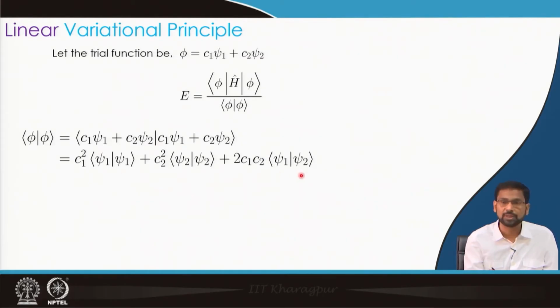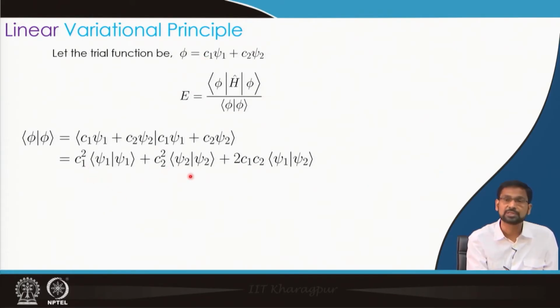So, I open these terms in the integrals, and the first term I get is the overlap of psi1 in the bra and psi1 in the ket with the coefficient c1 square, which is now the square of the amplitude, the coefficient of this psi1.